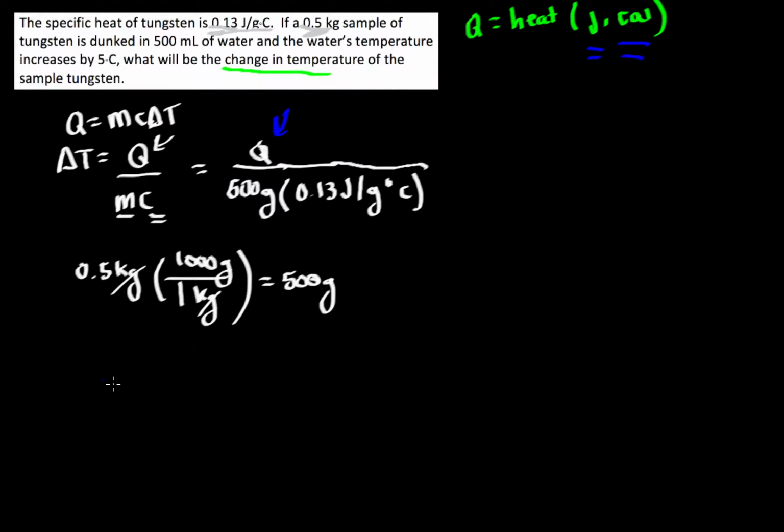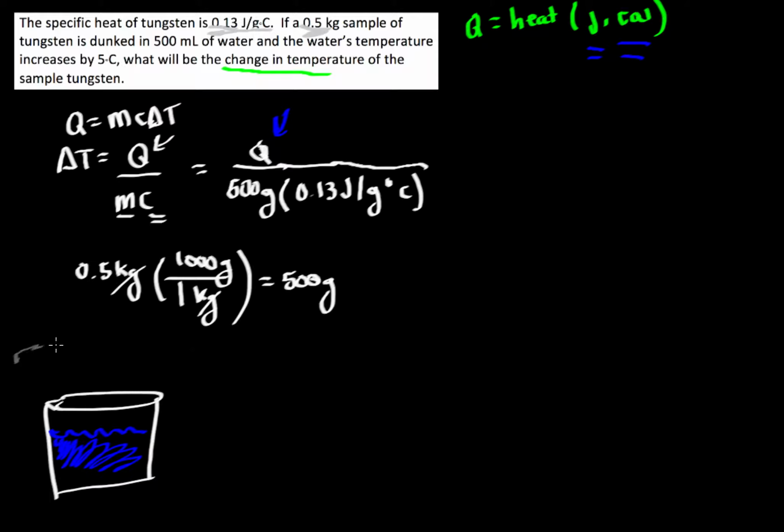So let me draw out something real quick. Let's say we have our water, and this is our piece of tungsten. So our tungsten has some amount of heat associated with it.